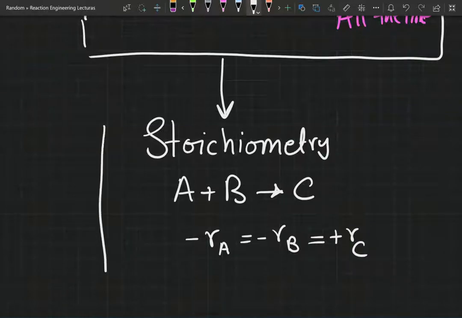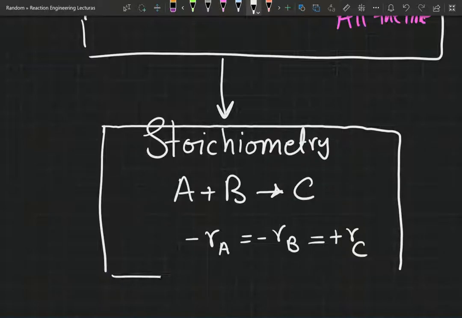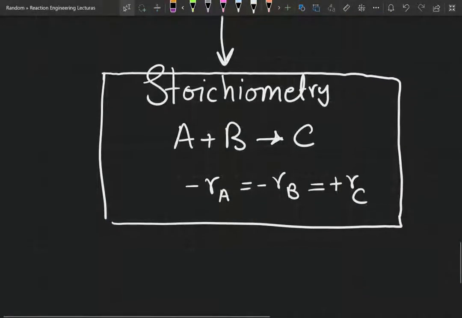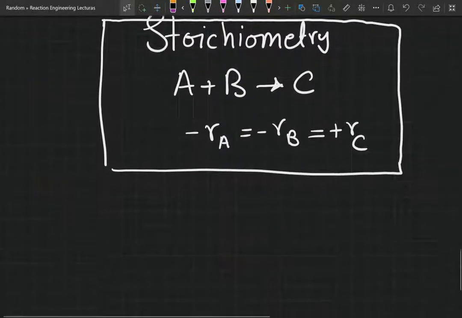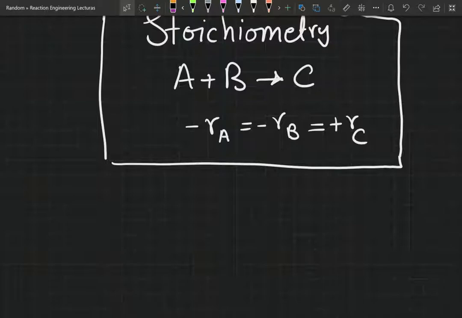So just stoichiometry, you have to keep track of if certain species are consuming, other species are being consumed as well, and the products are being generated. Okay, and next up, you have to make a decision.